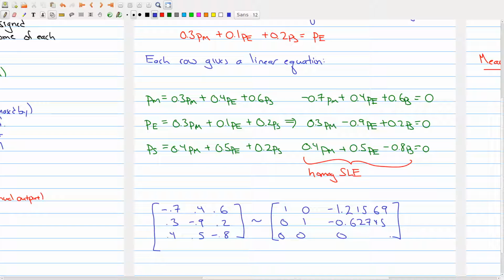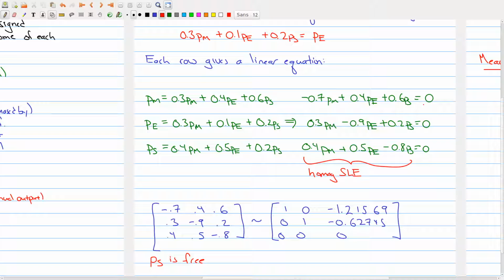So what we see, using the knowledge that we have from our previous lectures, is that PE is free. Oh, sorry, not E, S. S is our free variable. So PS is free.